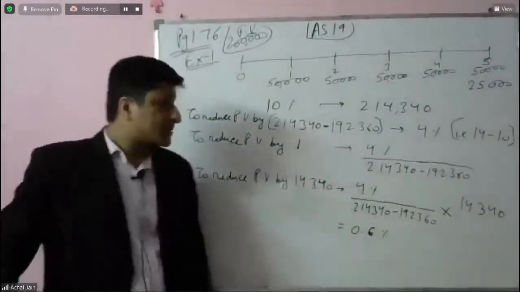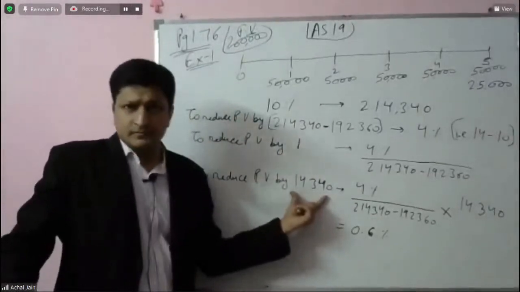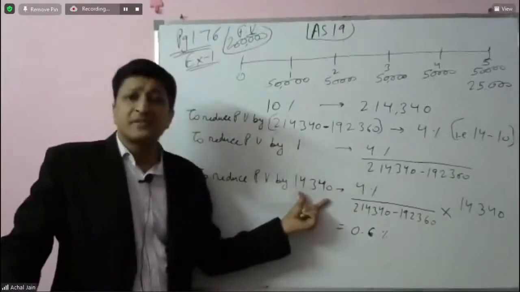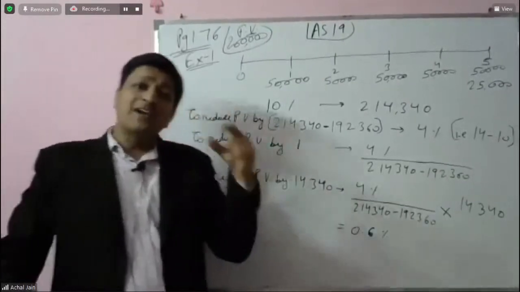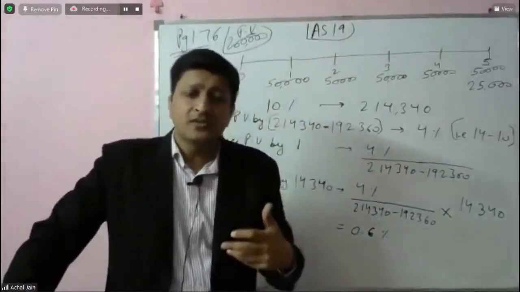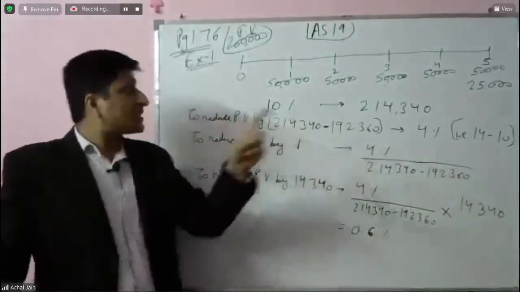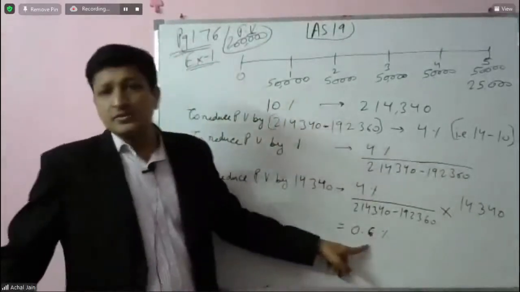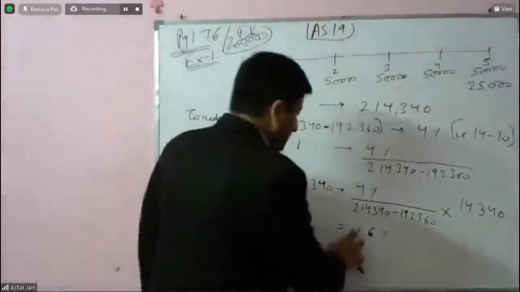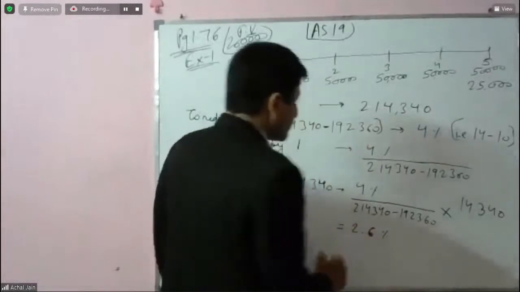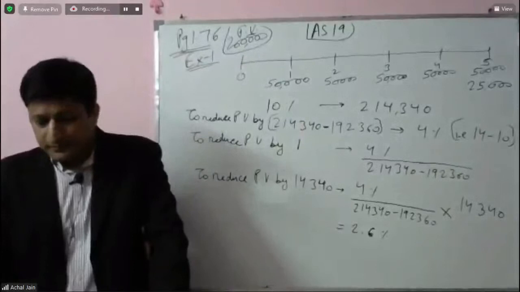So that means if I have to reduce my PV by this much amount, what is the discount rate that I need to add to my base of 10? This much. Sorry, this is 2.6%. This is 2.6%. Correct?